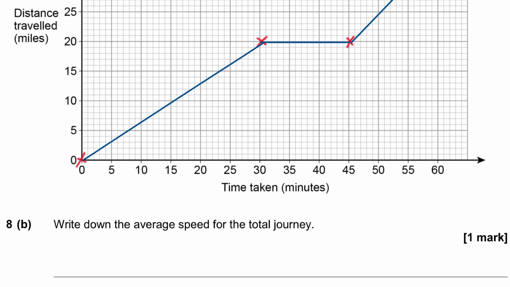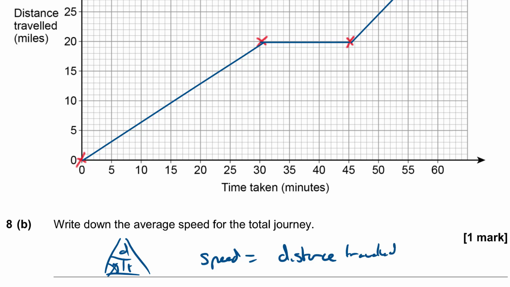Write down the average speed for the total journey. Okay, now you remember from your DST triangle that if I want to find speed, then speed is going to be equal to distance traveled divided by time taken.